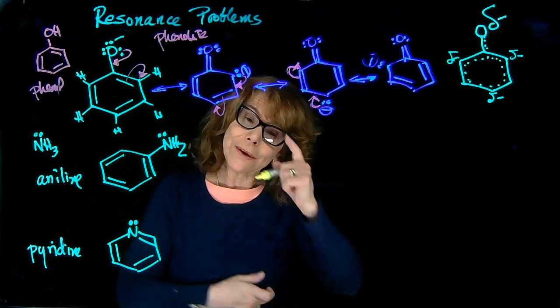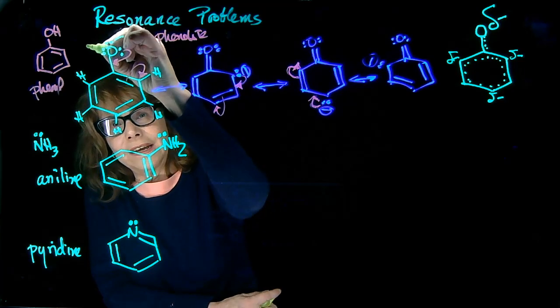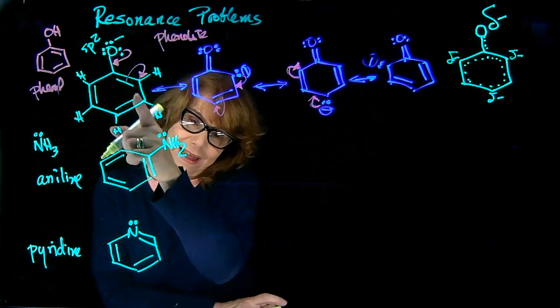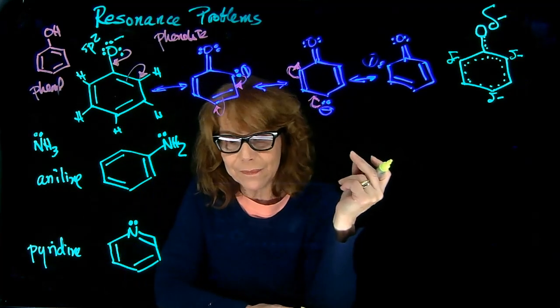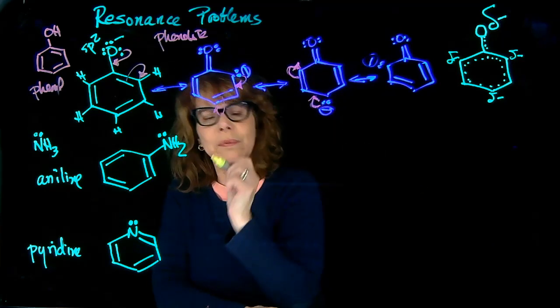Oh, I forgot to remind you that this oxygen is sp2 hybridized. So when it is at that allylic position, you will have that lone pair in a p orbital that can have orbital overlap, so you can move those electrons.